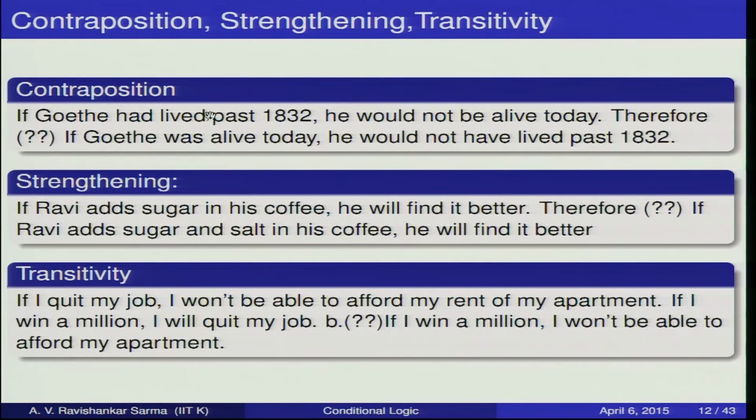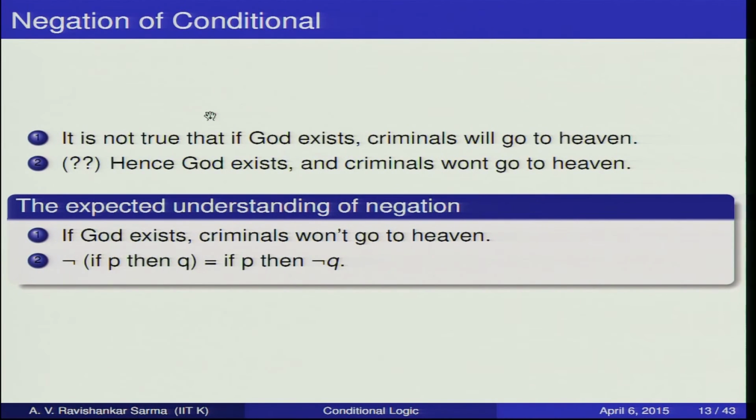It is not possible. A implies B, B implies C, A implies C is the case, but when it is applied to day-to-day conditionals and discourse, particularly natural language sentences like this, we have these counterintuitive results, like even if I have millions of dollars in my hand, I won't be able to afford my apartment.